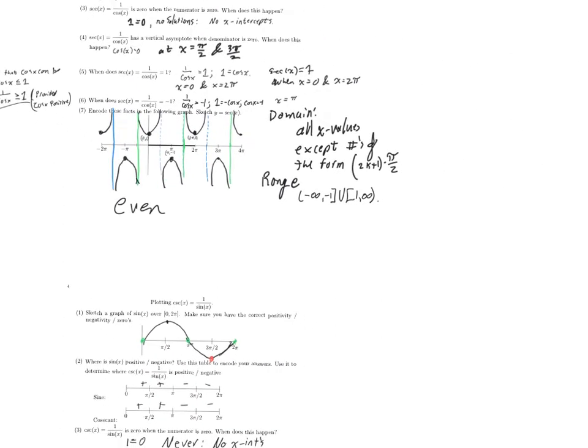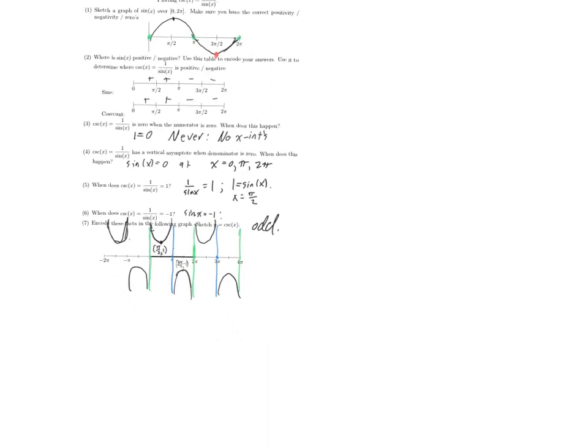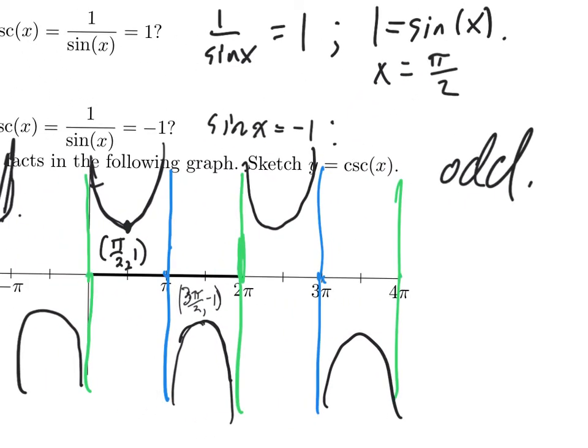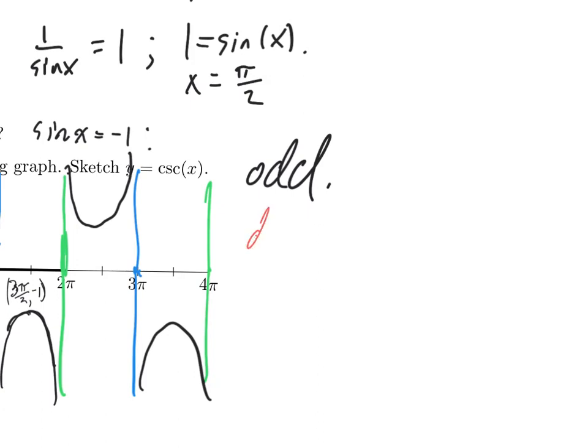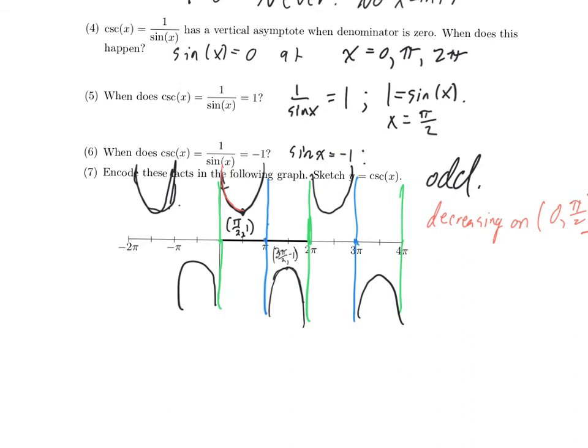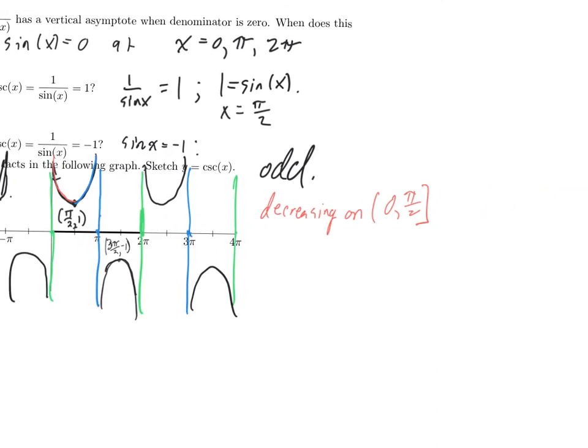How about intervals of increase and decrease? So starting from 0 at that vertical asymptote all the way to pi over 2, it seems to be decreasing. And then it switches to increasing. Then it's increasing from pi over 2 to pi.